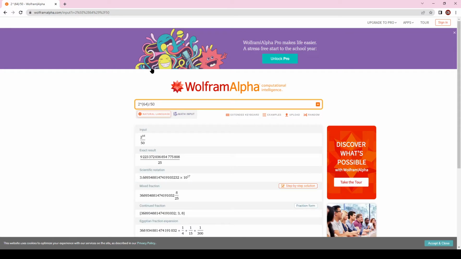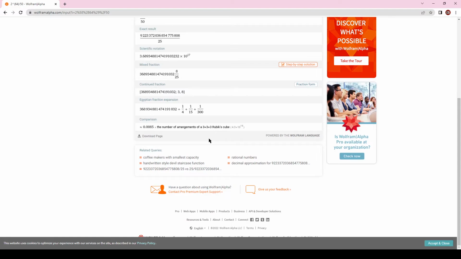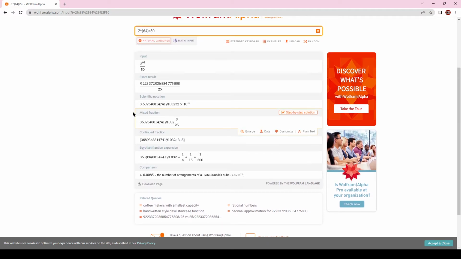It gives you a lot of different numbers, which is a little bit strange. This gives you this number in scientific notation. So this is your number at the end. This is the exact result. So it doesn't seem a very big number. That is the number after you calculate.